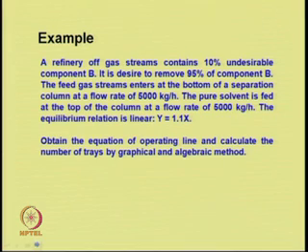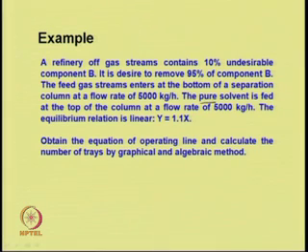Let us take a simple example. A refinery gas stream contains 10% undesirable component B. It is desirable to remove 95% of component B. The feed gas stream enters at the bottom of a separation column at a flow rate of 5000 kg per hour.